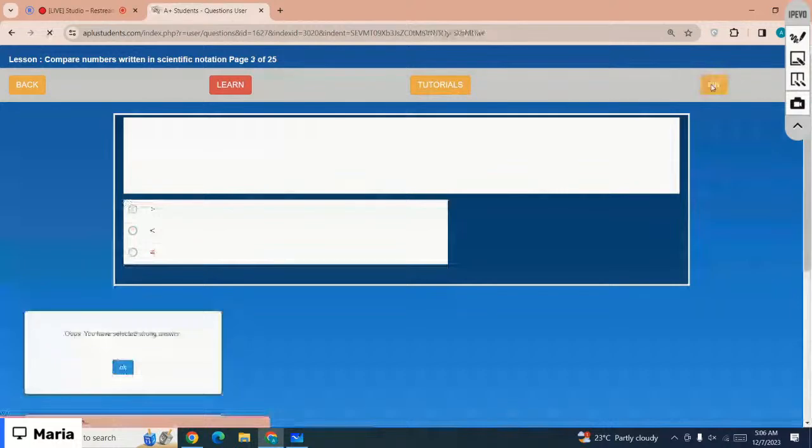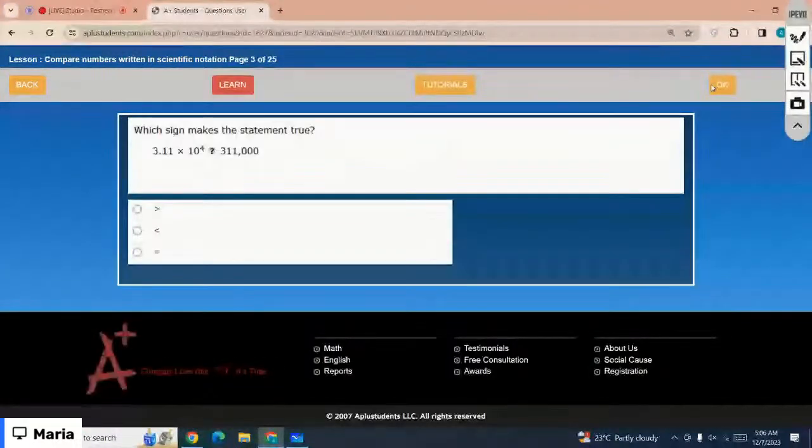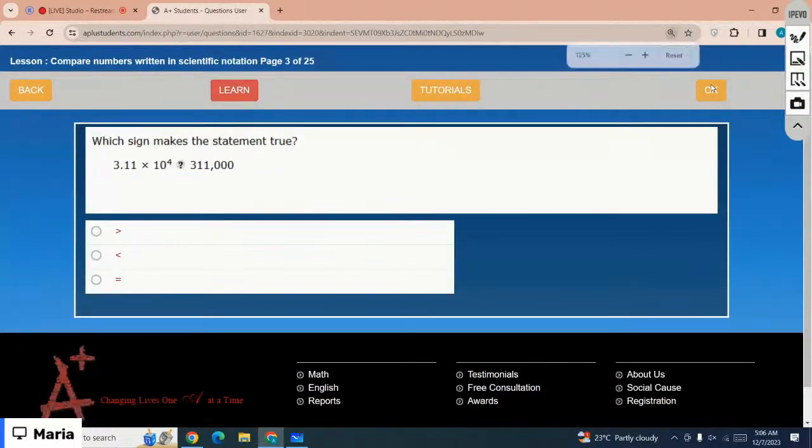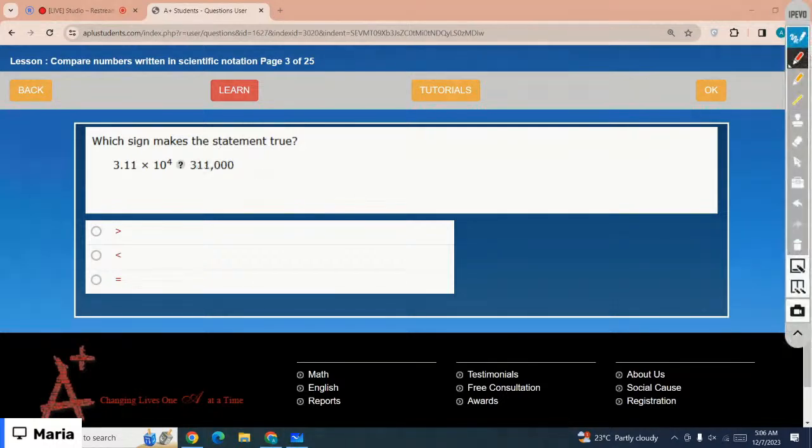Okay, which sign makes the statement true? So when you are comparing two values, they must be in the same form, either in general form or in scientific notation, right? So let's just convert this one into scientific notation. You need to move the decimal point from here to here. Let's just count the decimal places. That is 3.11 and 1, 2, 3, 4, 5.